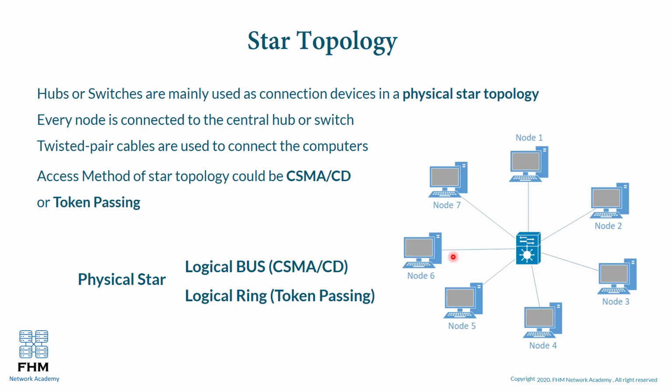The cabling that we use in star topology is twisted pair, and the access method of star topology could be CSMA-CD or token passing. As you can see, the star topology is a physical topology, and the access method or logical topology could be completely different from the physical arrangement. I mean, we can use bus access method or ring access method in this topology.